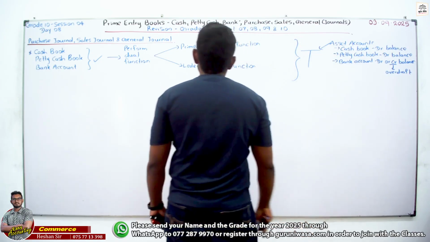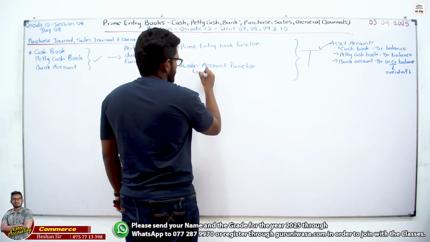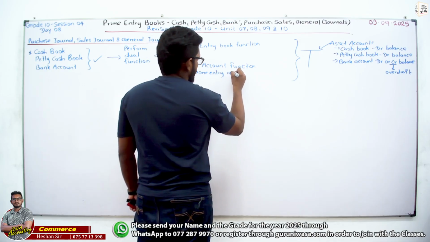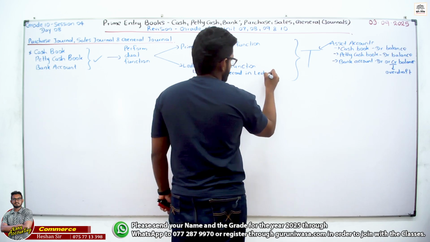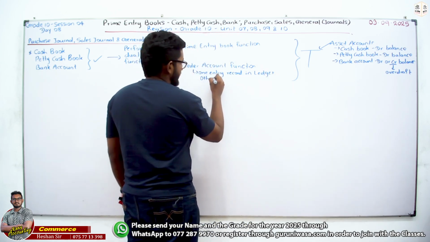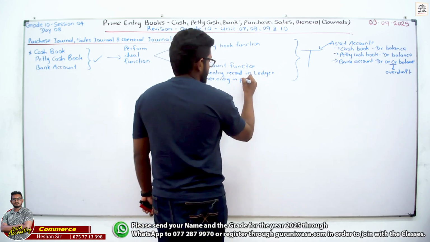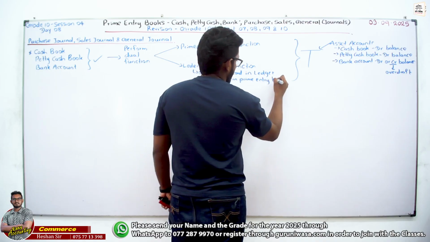Since it performs ledger account function, one entry is recorded in the ledger, the other entry in the prime entry book.